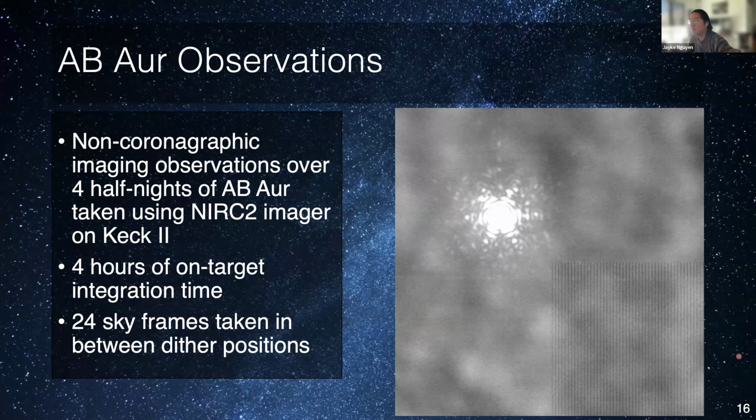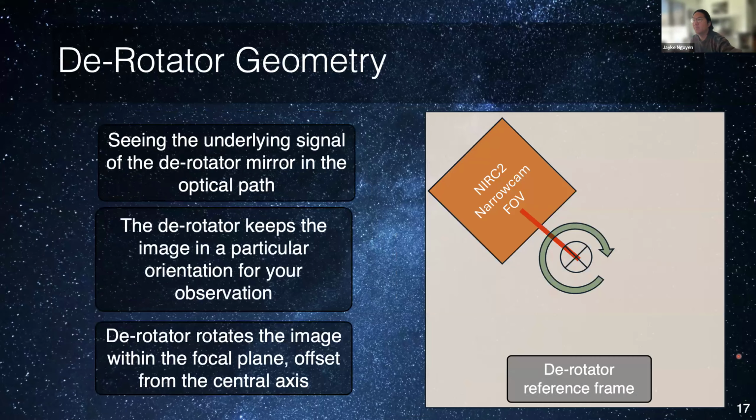So what we realized that we were seeing is the de-rotator mirror in the optical path. The de-rotator is a particular optic that basically just keeps your image in a particular orientation for your observation throughout the night. The de-rotator orients the frame and it rotates the image within the focal plane.